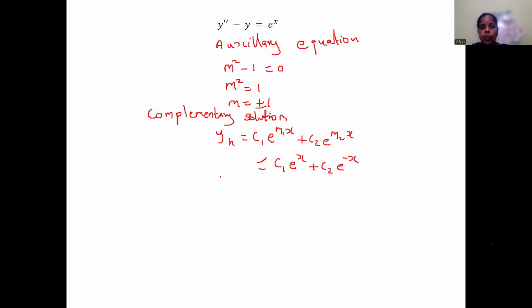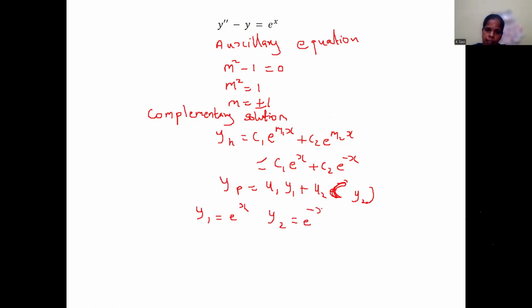We'll assume the particular solution yp is equal to, by the formula I said, c1 as some function u1 and e power x as y1, and c2 as another function u2 and e power minus x as y2. So y1 is nothing but e power x, and y2 is nothing but e power minus x.